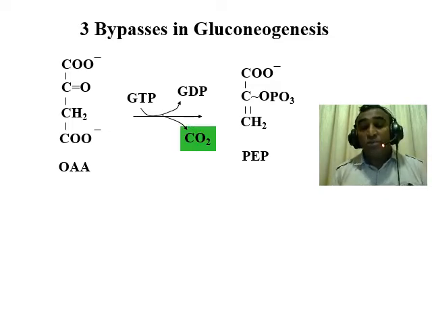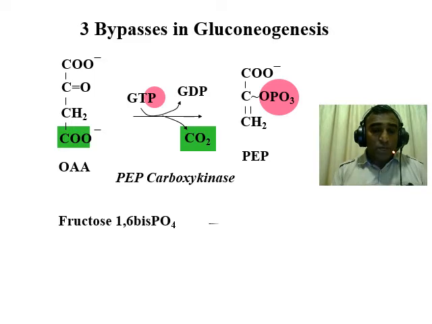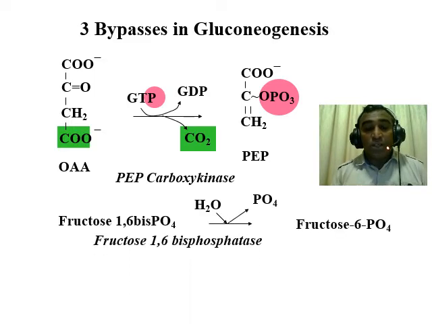The hydrolysis of GTP helps in the conversion of oxaloacetate to phosphoenolpyruvate, and also it requires a decarboxylation. That means the number of carbons in oxaloacetate will be reduced in order to become 3-carbon PEP. The rest is covering the other two bypass steps.